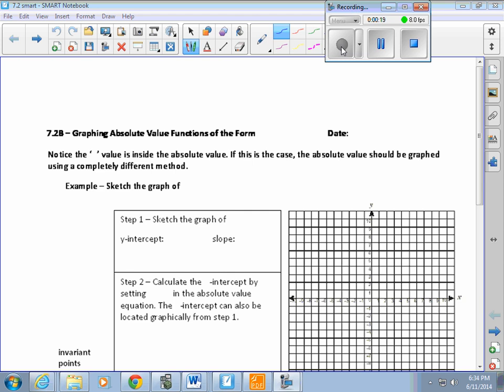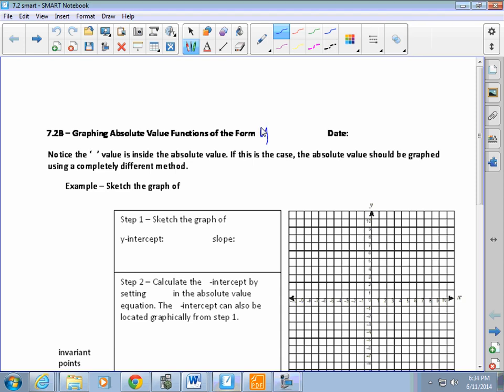So the first part here says y is equal to a times the absolute value of ax plus b.